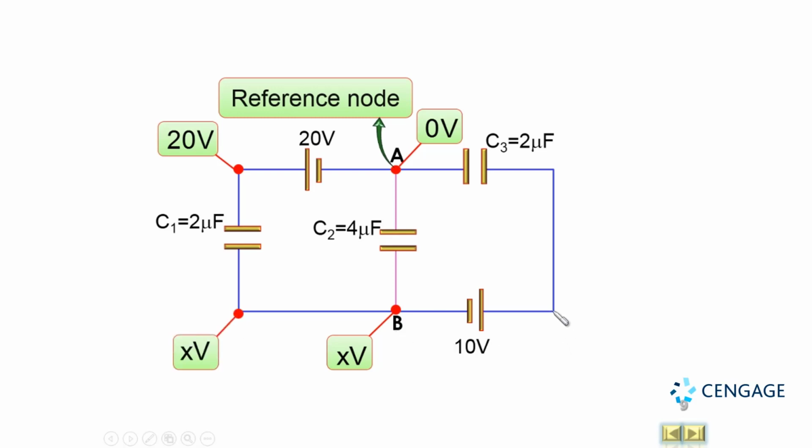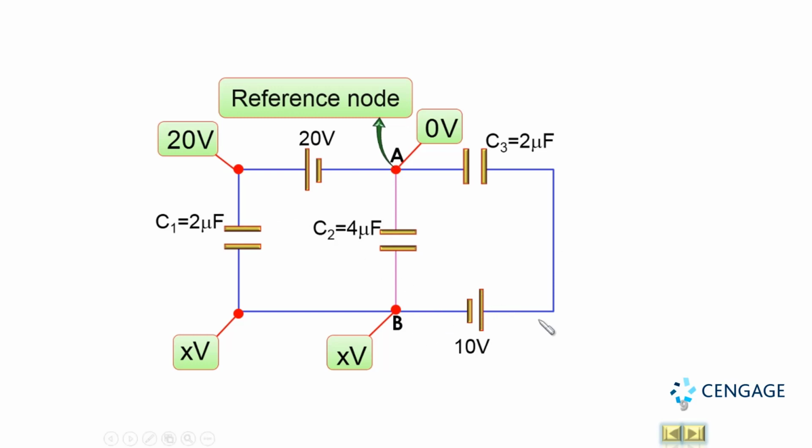Now come to this point. Now this battery has a potential difference of 10 volt. Here we cannot write the potential of the negative plate as 0 volt, because here we assigned the reference point as 0 volt and the B point, that is the negative terminal of this battery, as X volt.